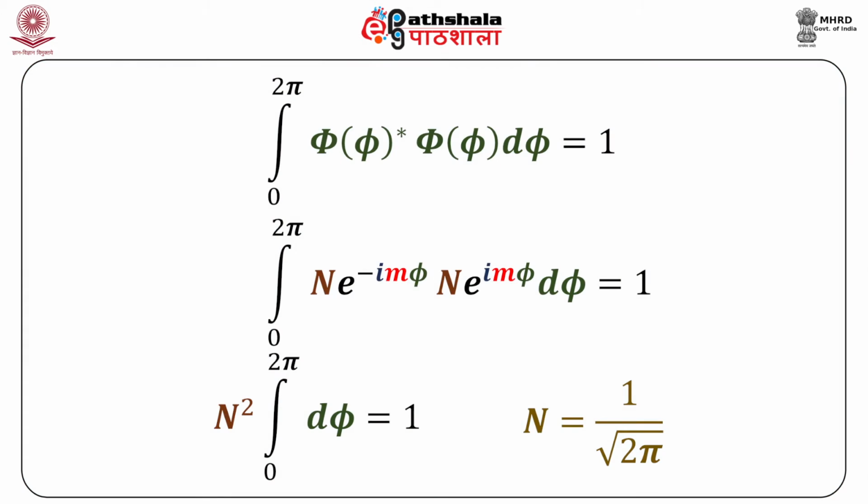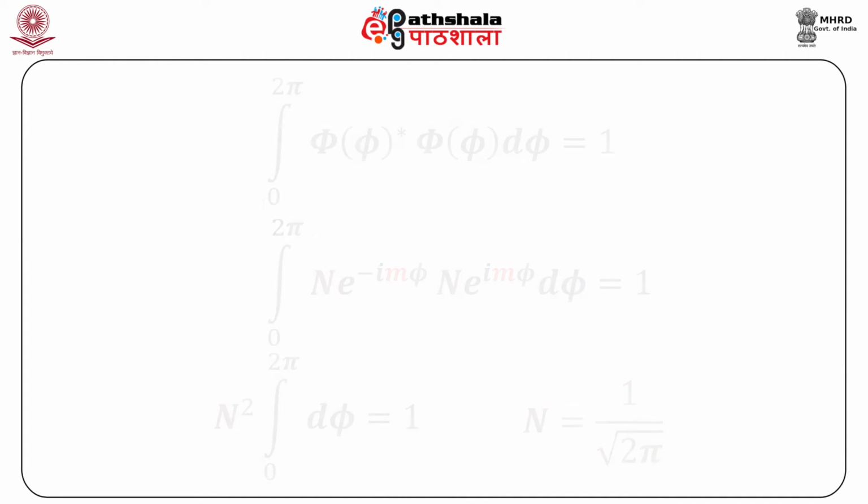If we apply the normalization condition on this function, which means the integral should be equal to 1, and we further simplify, we get the value of the normalization constant N equals 1 upon under root 2π.